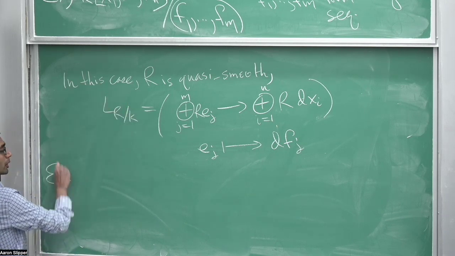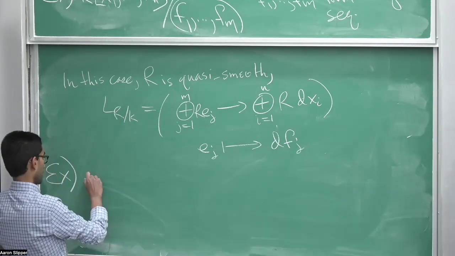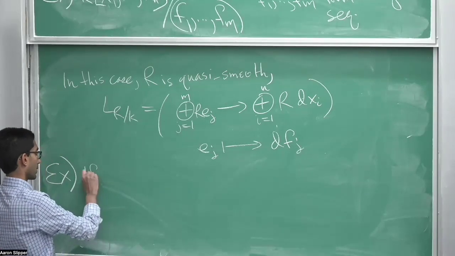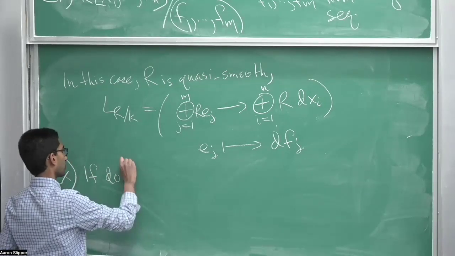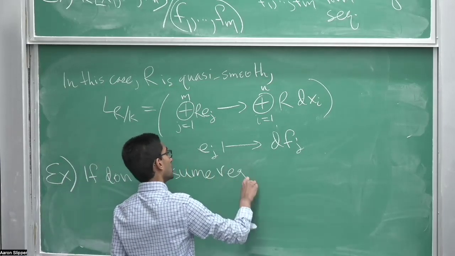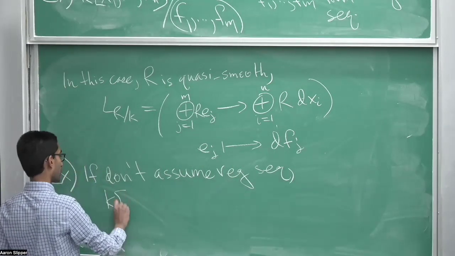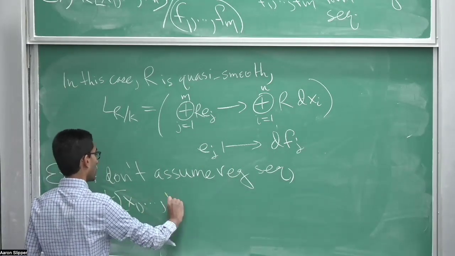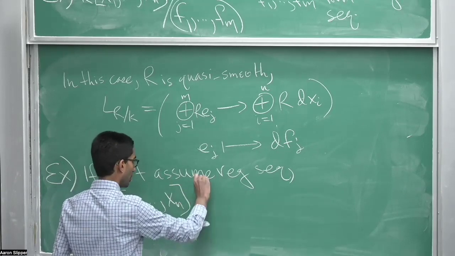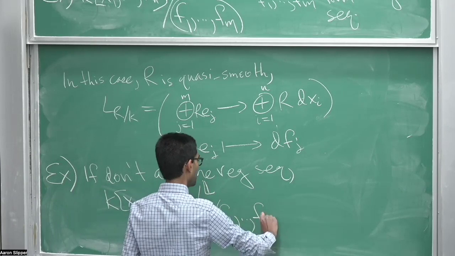So this is quasi-smooth, and this is a classical intersection. Another example is if you don't assume that it's a regular sequence. Then you can form K[x1 through xn] modded out, in the derived sense, by f1 through fn.